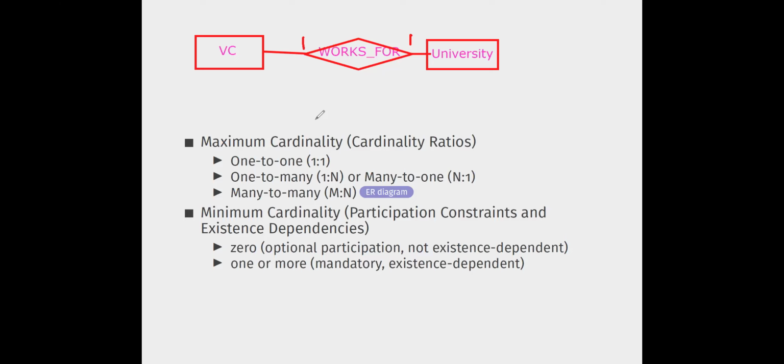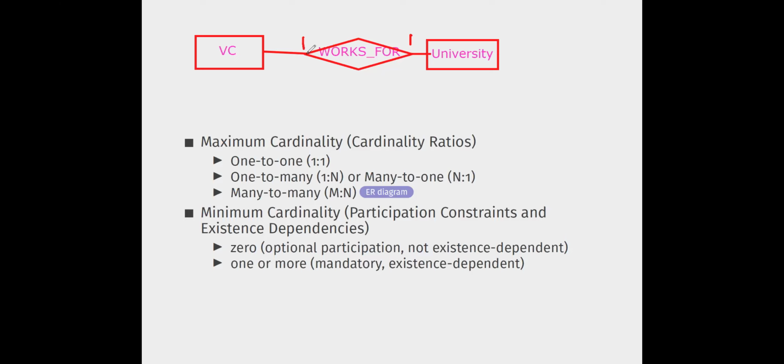Right. Now tell me, if you take a vice chancellor, a vice chancellor is working for a university. Is it optional or mandatory? What do you think? When you call a vice chancellor, all the vice chancellors should work for a university, right?